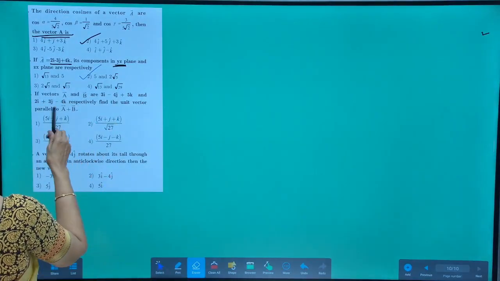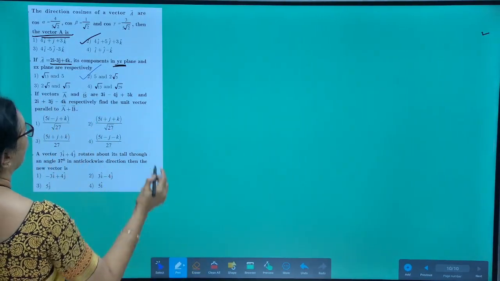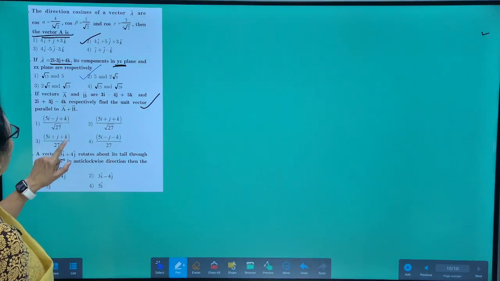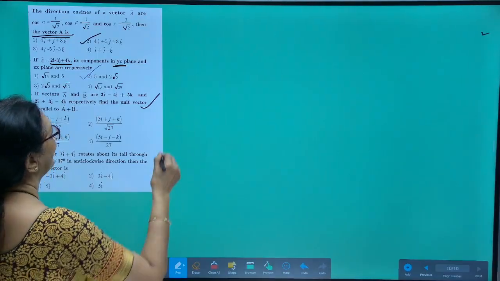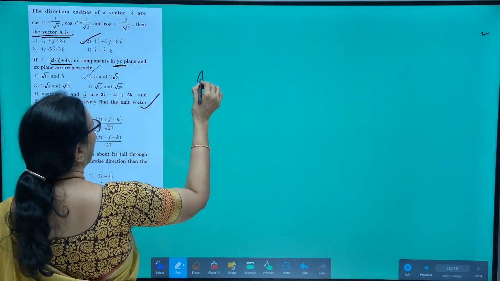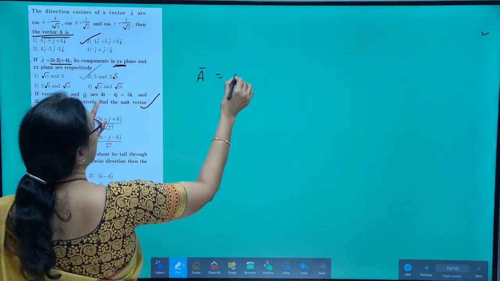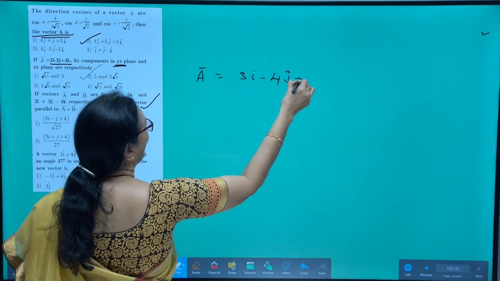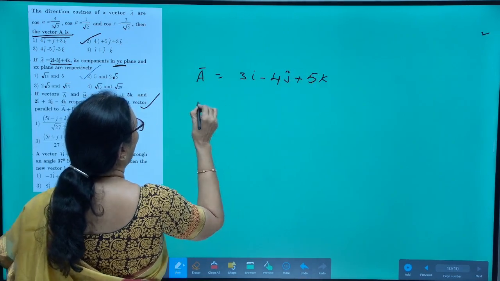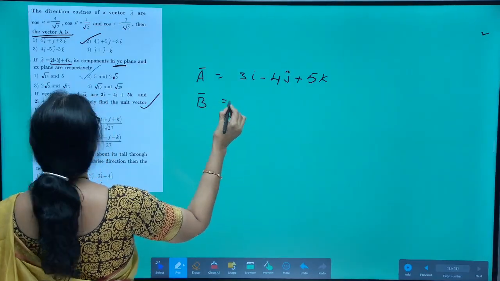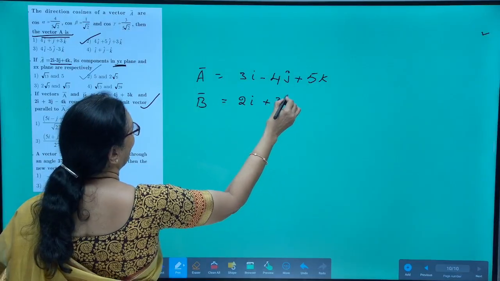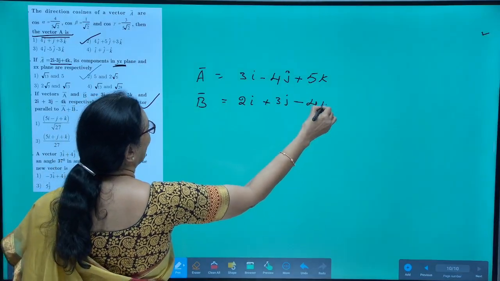If you go to this next problem, look into this. A bar and B bar are given. Find the unit vector parallel to A bar plus B bar. A bar is given as 3i minus 4j plus 5k and B bar is given as 2i plus 3j minus 4k.